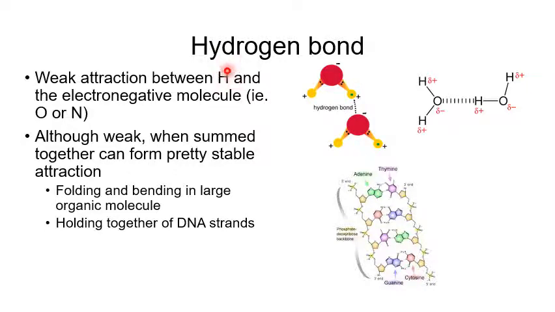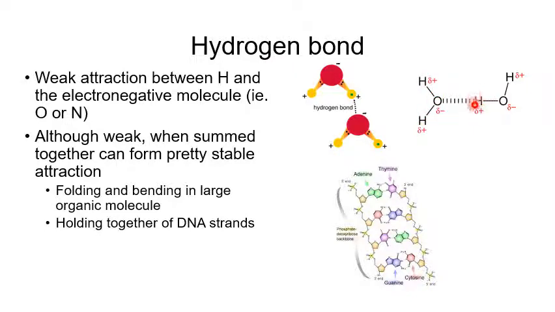Hydrogen bonding is when hydrogen is bound to a more electronegative atom, typically oxygen or nitrogen. Not so much carbon, but oxygen and nitrogen. These are more electronegative, and they aren't going to equally share the electrons with hydrogen. You can see other hydrogen bonding here.